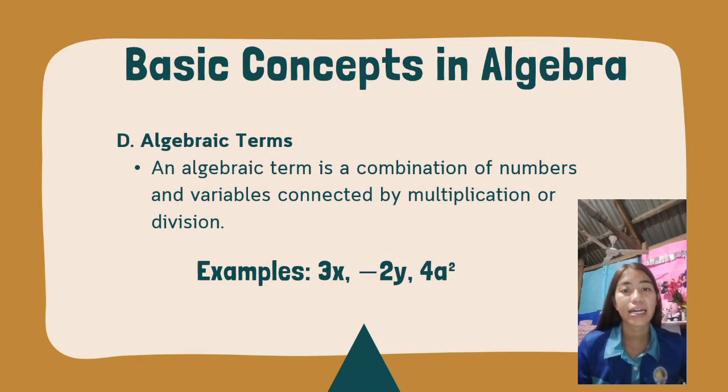So 3 times x is equal to 3x. Next, we have -2y. -2 times y will be -2y, and then 4a squared: 4a times a. So 4a times a would be 4a squared. That is because we multiplied them.